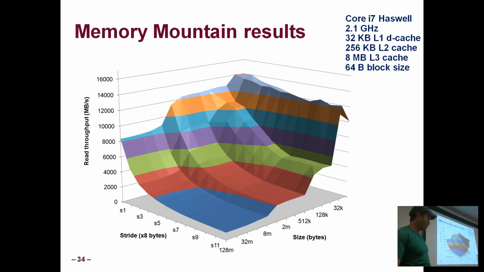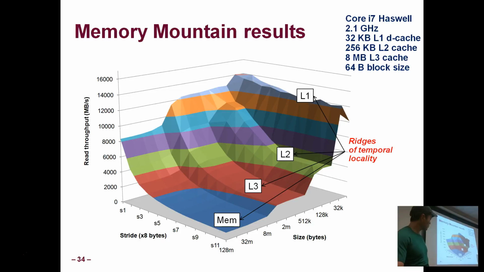The features of this, along this cut, you see different plateaus. These are ridges of temporal locality, because as your working set size increases, you are then going down to slower and slower parts of the memory hierarchy. So that impacts your temporal locality. And then across this cut, you see these slopes of spatial locality.